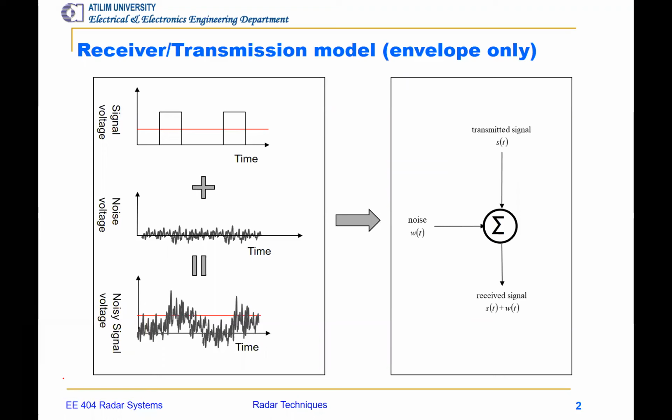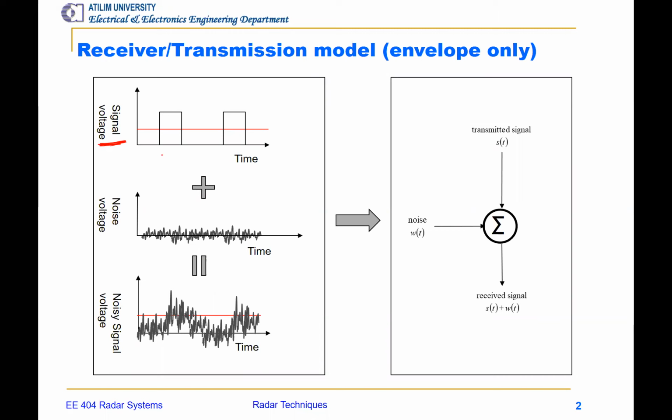Okay, let's start with the simple model. We use this in the courses that you took, communication systems, EE316, where we model noise and signal and how to write a received signal, noisy received signal. On the left-hand side, you see a voltage signal, a rectangular pulse.